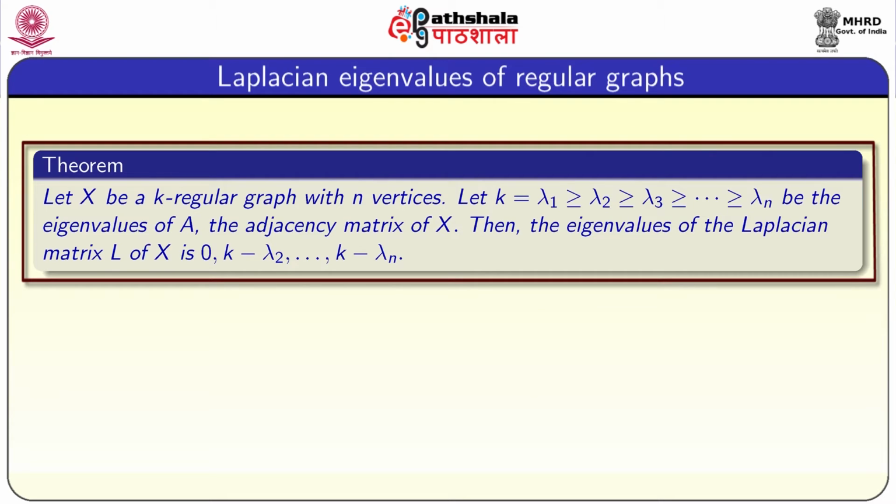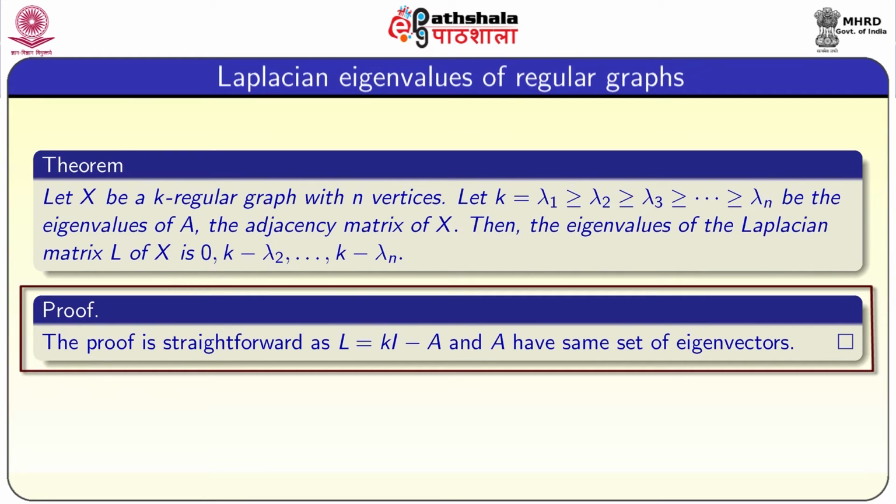The Laplacian eigenvalues of regular graphs. Let X be a k regular graph with n vertices. Let k equal to lambda 1 greater than or equal to lambda 2 and so on to lambda n be the eigenvalues of A, the adjacency matrix of X. Then the eigenvalues of the Laplacian matrix L of X are 0, k minus lambda 2, and so on, k minus lambda n.